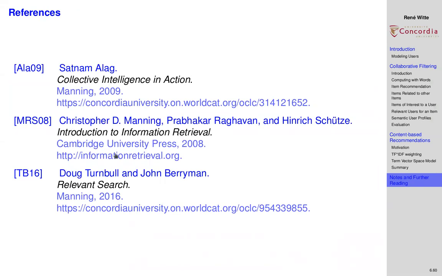And this one you can read for free online. So this is a very good book, and it's written by 3 very well-known people. Manning and Schütze are 2 professors in computer science, and Raghavan is, not sure if he still is, but he was the head of research at Google Search. So this is really a good book, and you get it for free.